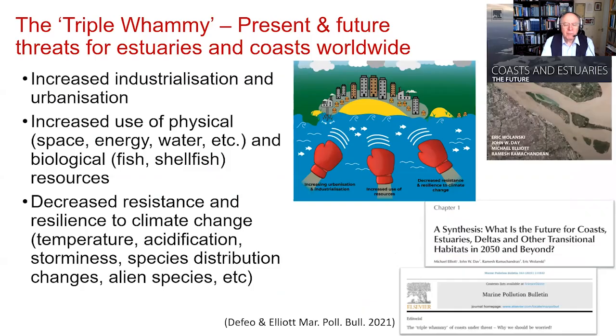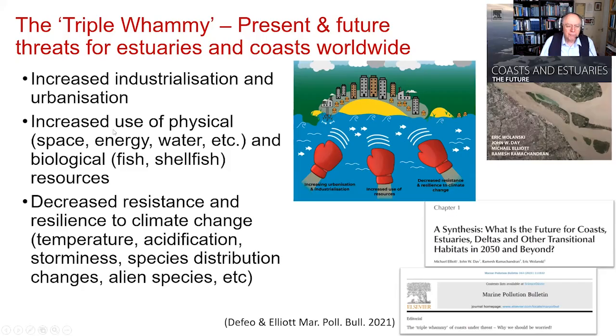Let's summarize that for the coast. A little while ago we decided that coastlines are subject to what we call the triple whammy. A whammy is like a thump, as you see from those boxing gloves there. And the triple whammy, and this was after looking at coasts worldwide, we realized all of those coasts are affected by increased industrialization and urbanization.